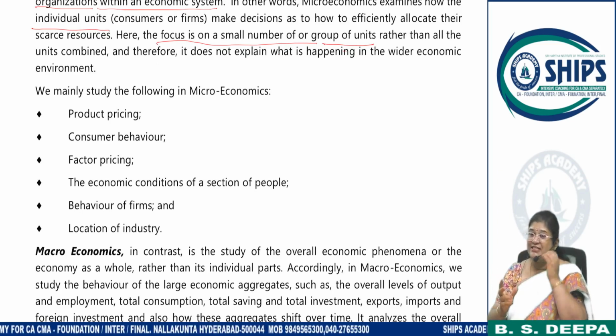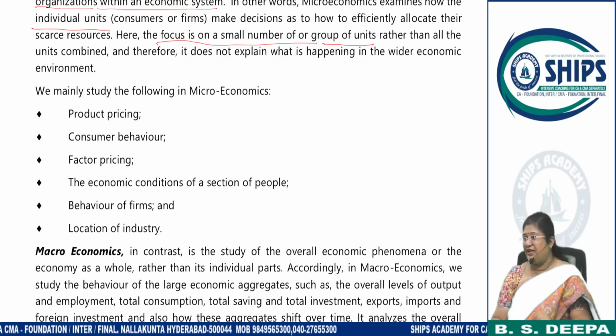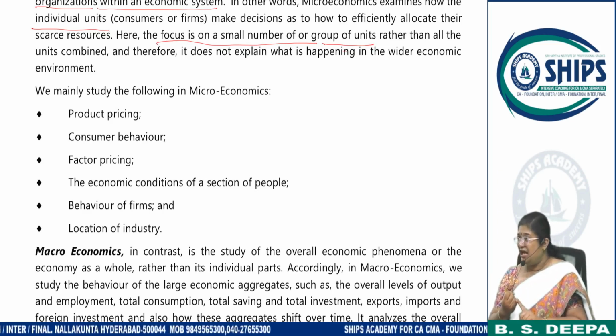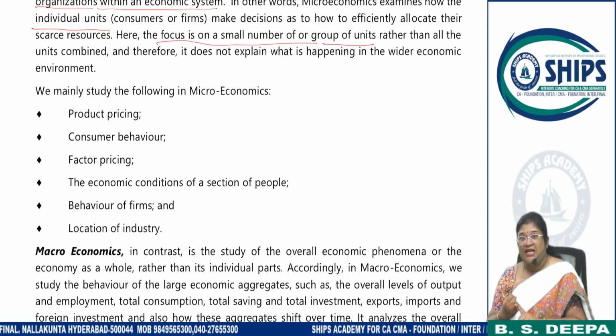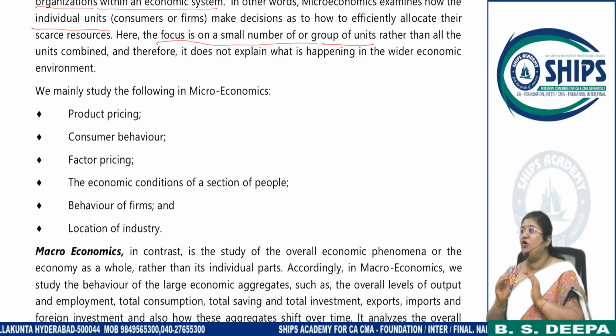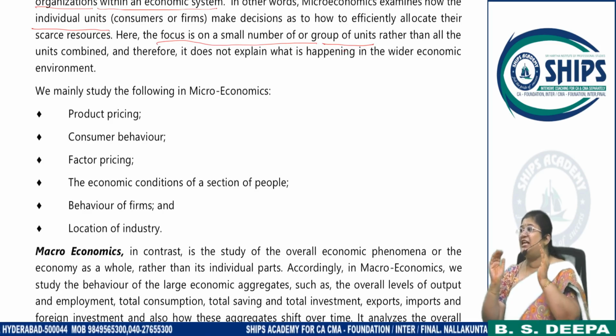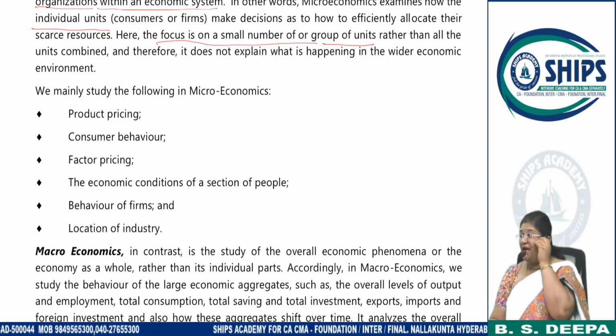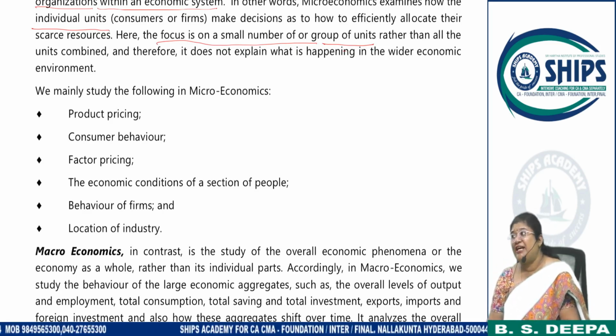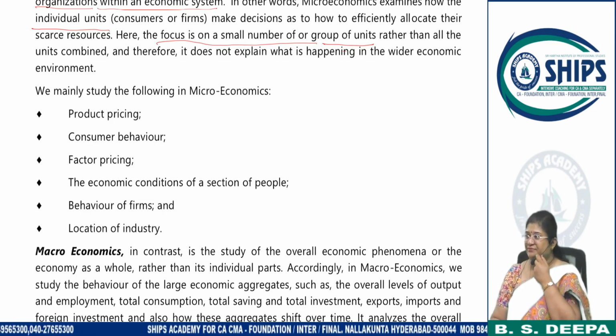For each of the factors the prices are set differently. So this is the reason why both factor pricing and product pricing are the domain of microeconomics. That is, they are studied under microeconomics. That is the reason why it is called price theory.